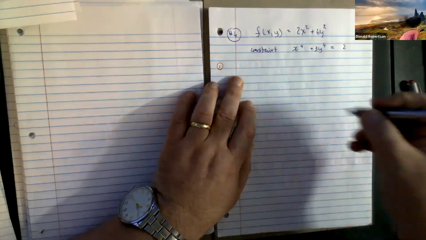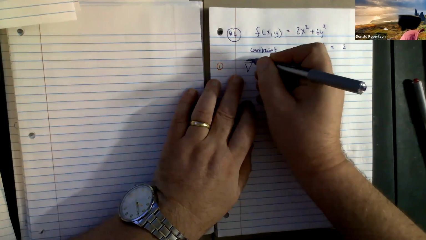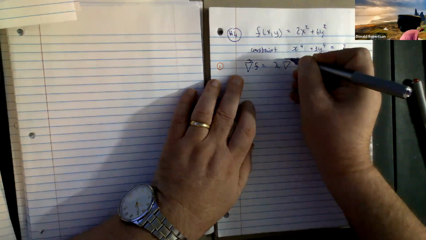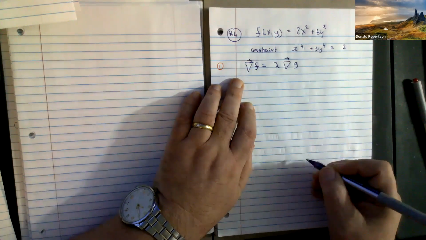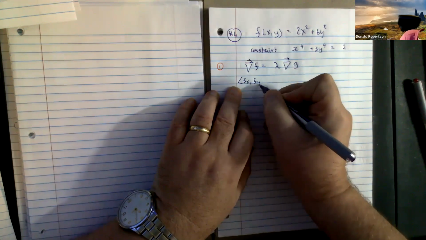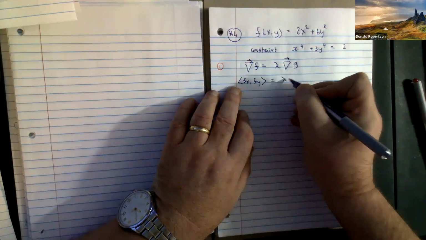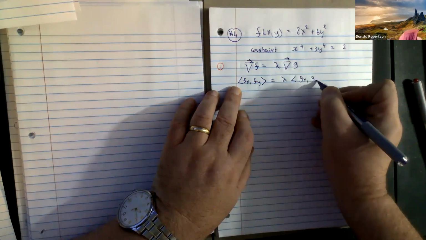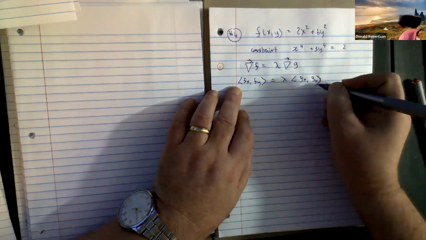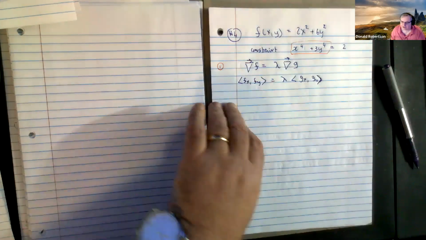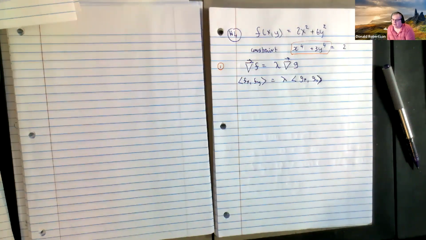Start with step 1. Gradient of f is going to be lambda the gradient of g. Partial derivative of x and y, lambda partial derivative x and y. And just like I did last time, can't we just pretend that guy's the g of x, because it's going to be anyway.